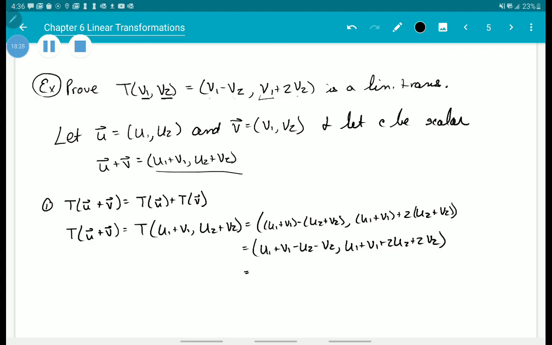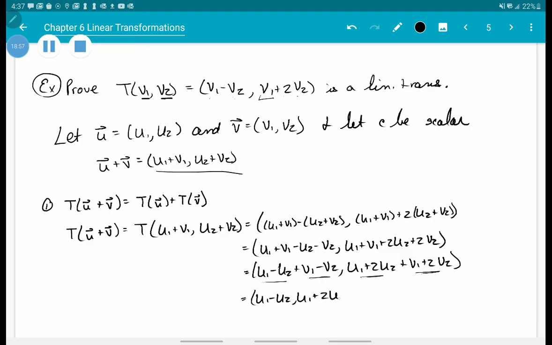So I'm going to do some rearranging here. I rearranged so that I had the u and the v stuff grouped together. And couldn't I rewrite this as the sum of two vectors?